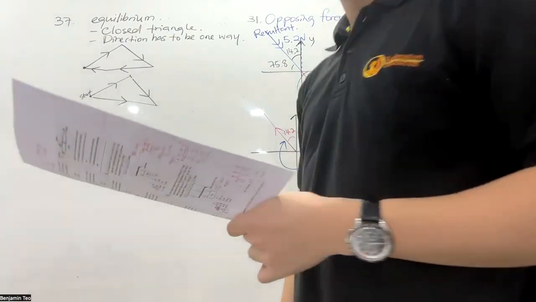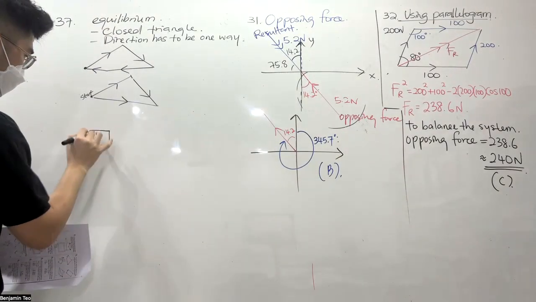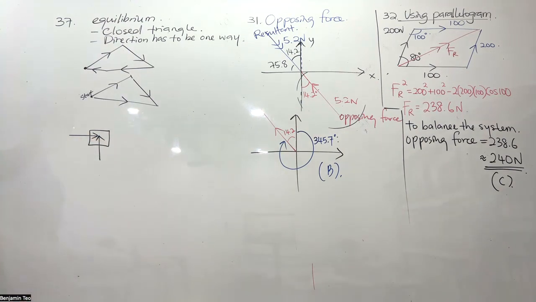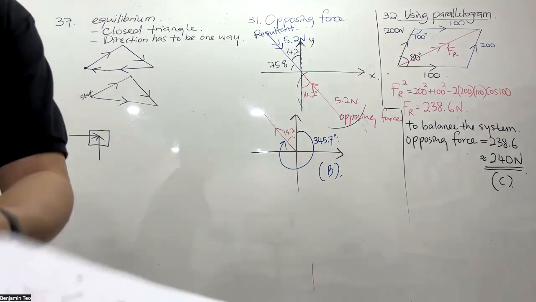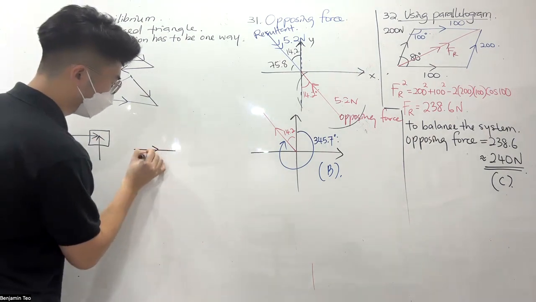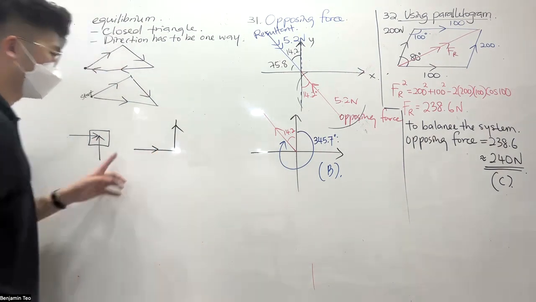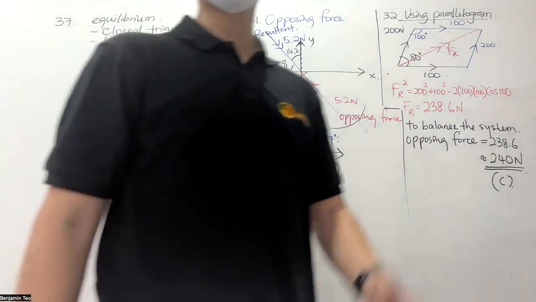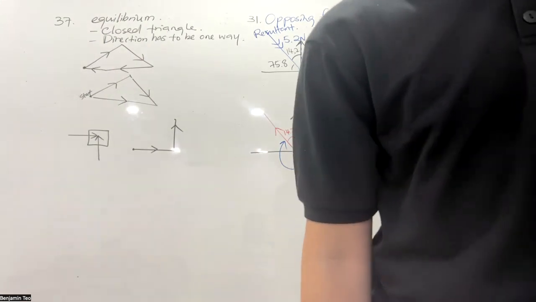That means two arrows cannot be in equilibrium. If you have an object acted on by two forces, two arrows like this, then it cannot be in equilibrium. It's not possible because when you add these two, two forces cannot go back to the same starting location.